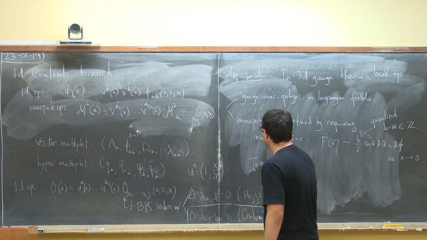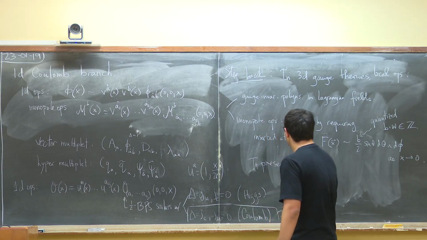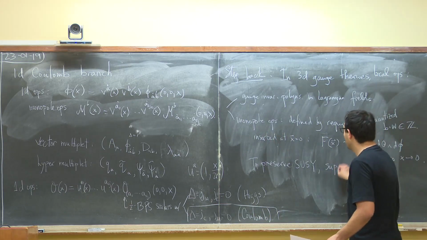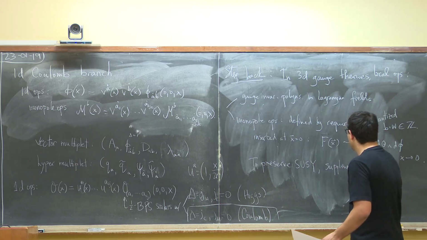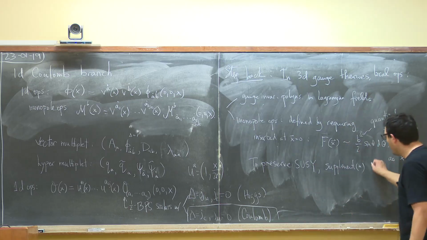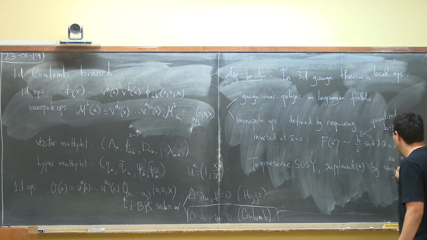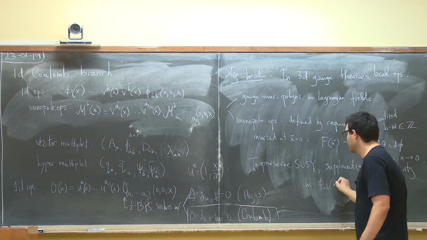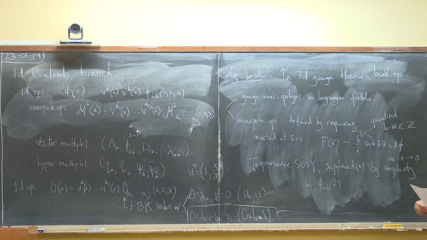To preserve supersymmetry, if we just define it like this, it's in general not going to be supersymmetric, so we have to supplement this condition by some singular behavior, some singularity in phi as x goes to 0. So one can construct half BPS operators this way.